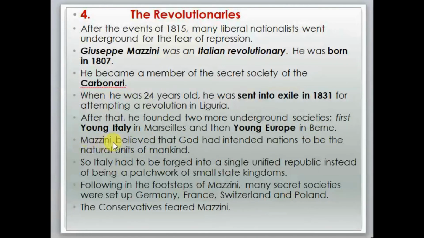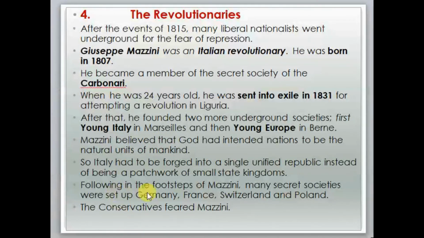Mazzini believed that God had intended nations to be the natural units of mankind. So Italy had to be forged into a single unified republic instead of being a patchwork of small state kingdoms. This unification alone could be the basis of Italian liberty.